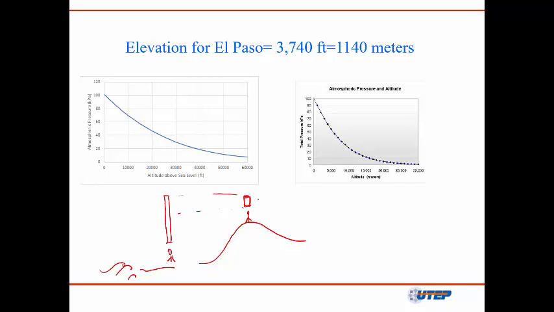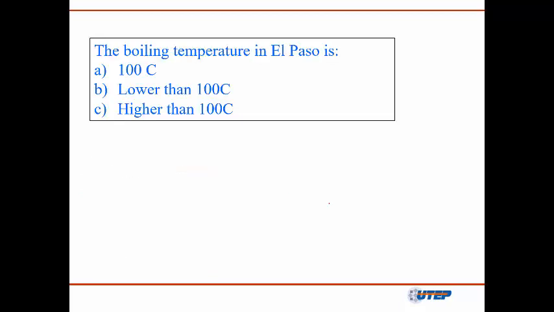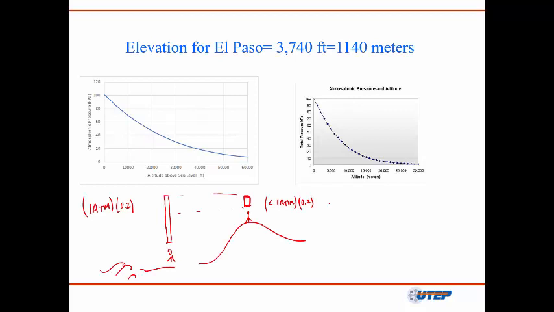But now, instead of 1 atmosphere of pressure times 0.2, if I am at an elevation like El Paso, I have less than 1 atmosphere times the 0.2, so the concentration of oxygen is going to be much less. So this relationship gives you the altitude or elevation with atmospheric pressure.